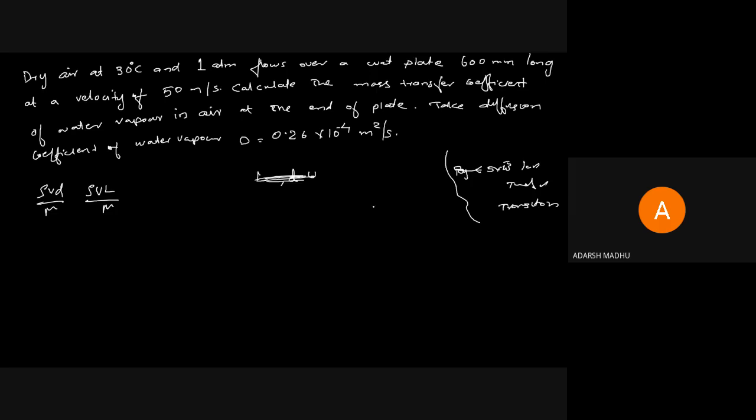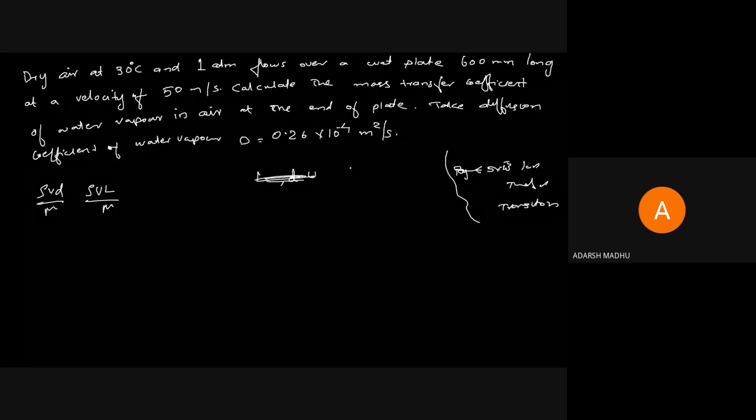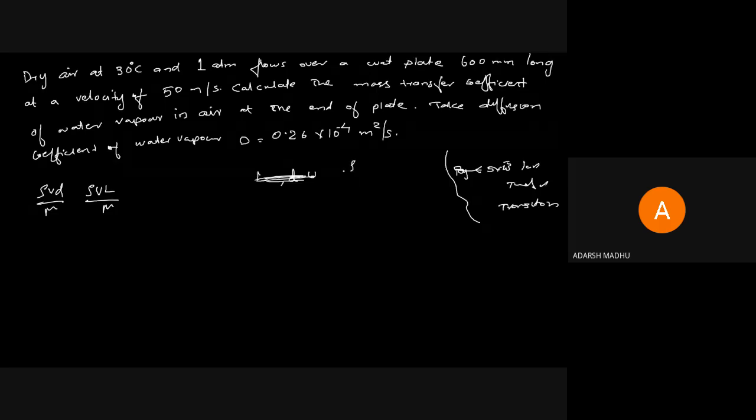We know there are some standardized values for air, like density, gamma equal to 1.4 which is Cp by Cv, and Cp equal to 1.005. Related values are there for air.